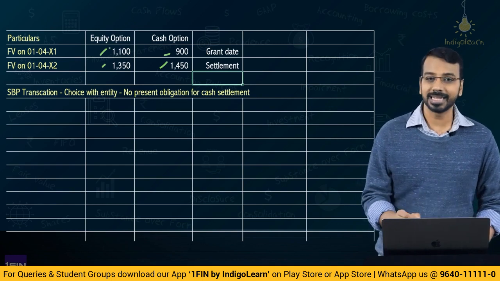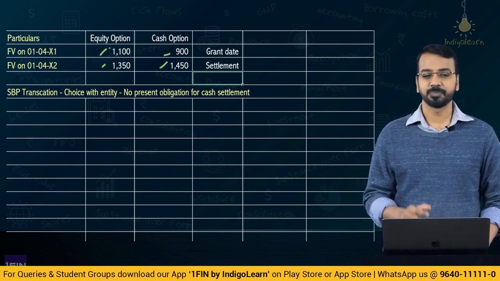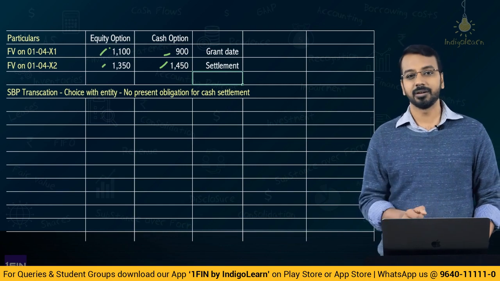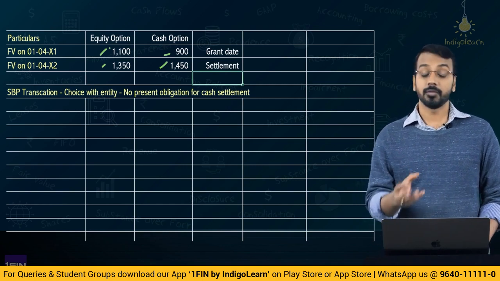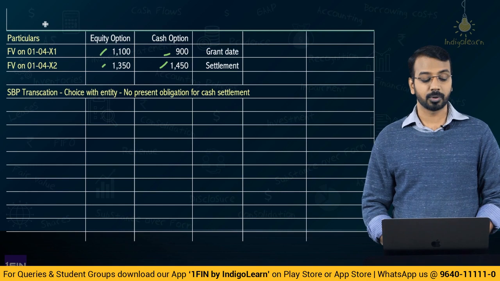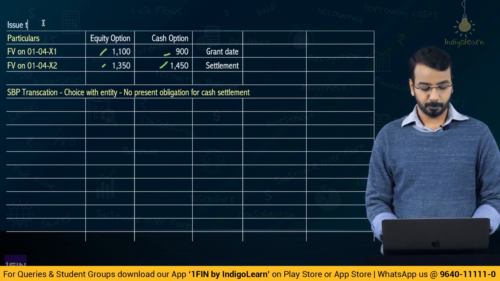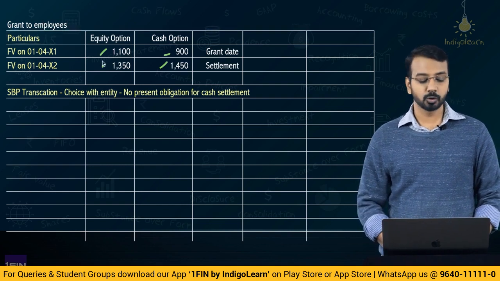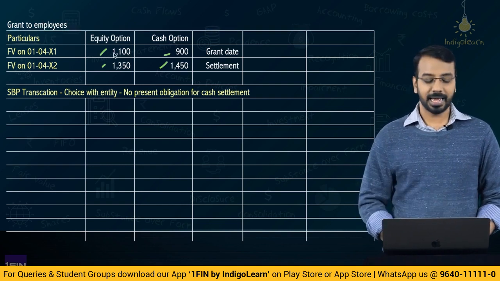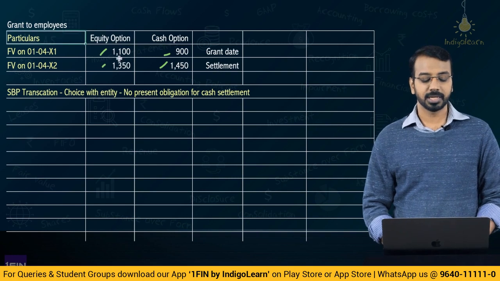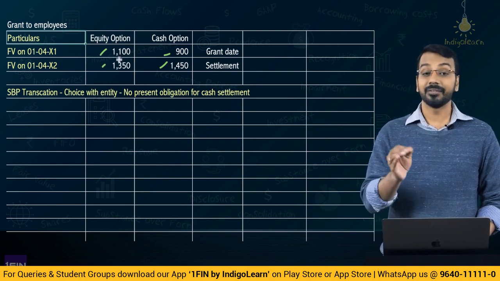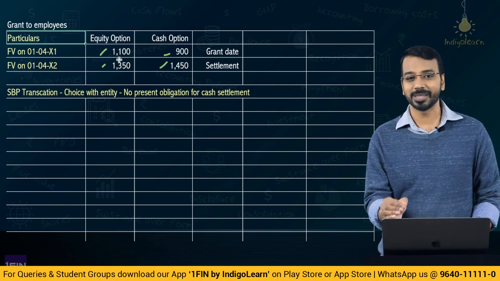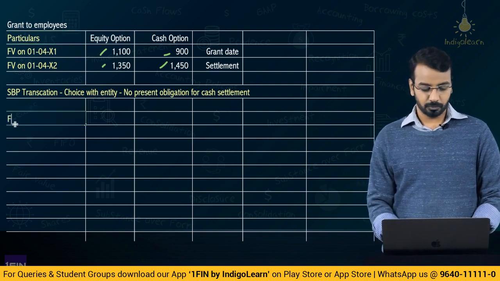Now, whenever we are recognizing it as an equity settled transaction, what will be the value that we will consider? We will consider the value on the grant date, assuming that this is a grant to employees. So, whatever is the date of the grant, you will take the fair value of that date, which in this case is 1100, and 1100 will be recognized as an expense in the first year.